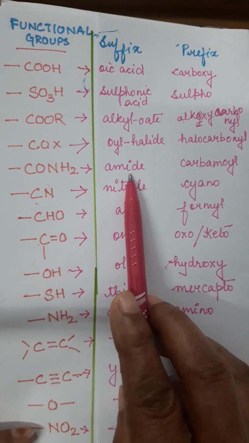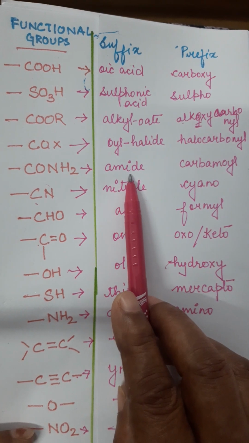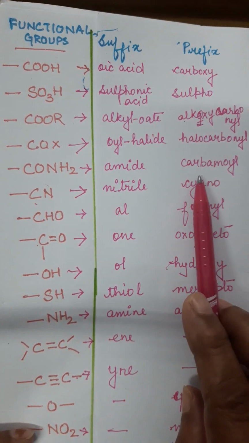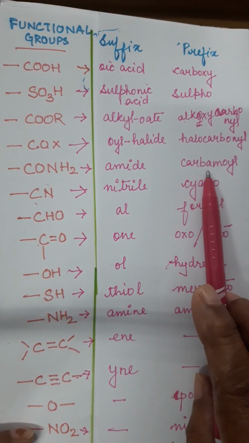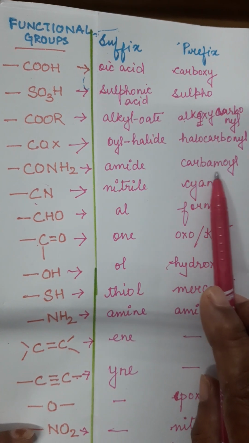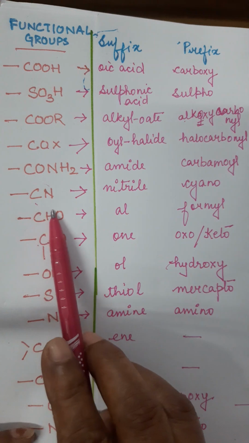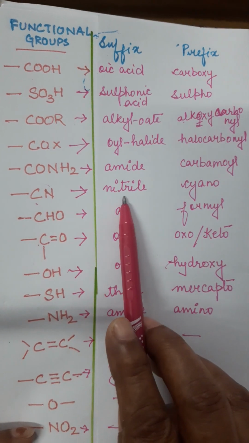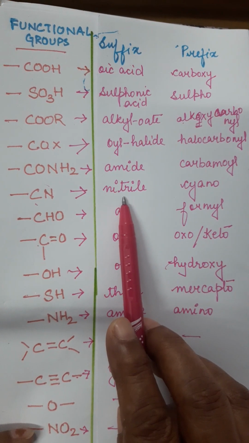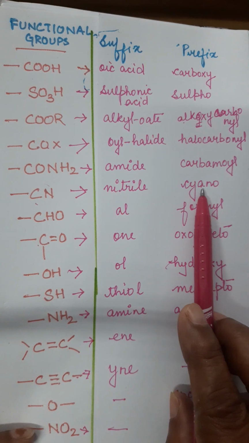CONH2, it is an amide, so it is named as amide as a suffix and as a prefix it is named as carbamoyl. Then CN, cyanide, is named as nitrile as a suffix and cyano as a prefix.